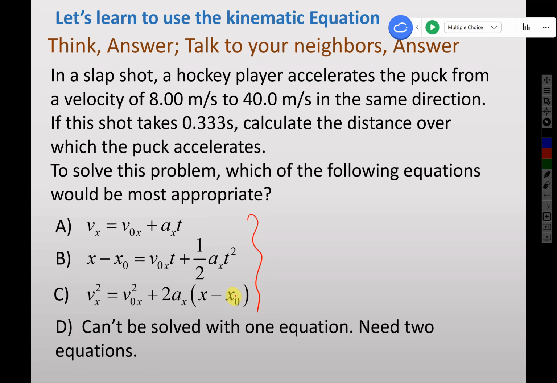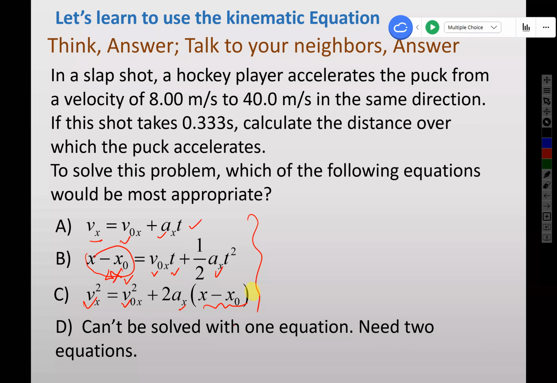And all these equations have four quantities related to each other. 1, 2, 3, 4. This x minus x0 is just a fancy way of writing delta x, so I'm counting that as one, okay? 1, 2, 3, and 4. 1, 2, 3, and again 4.